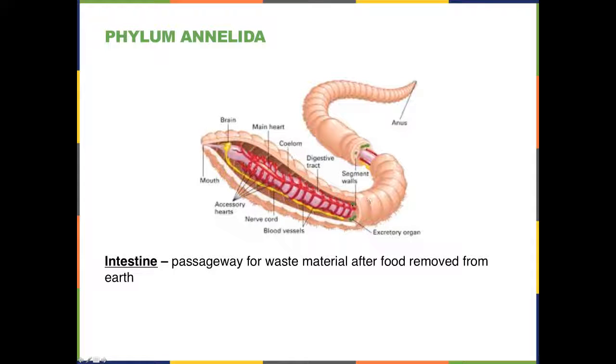If we look past the digestive tract, we find the passageway where the food substances are taken in after the food is removed, and then it ultimately carries all the way down until it's expelled out the anus. And 90% of what comes out this end of the worm is dirt, the same dirt that came in this end.